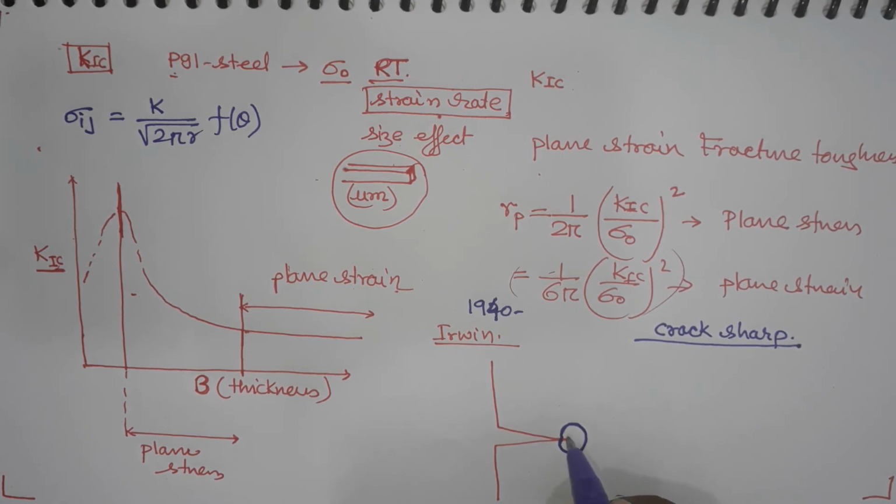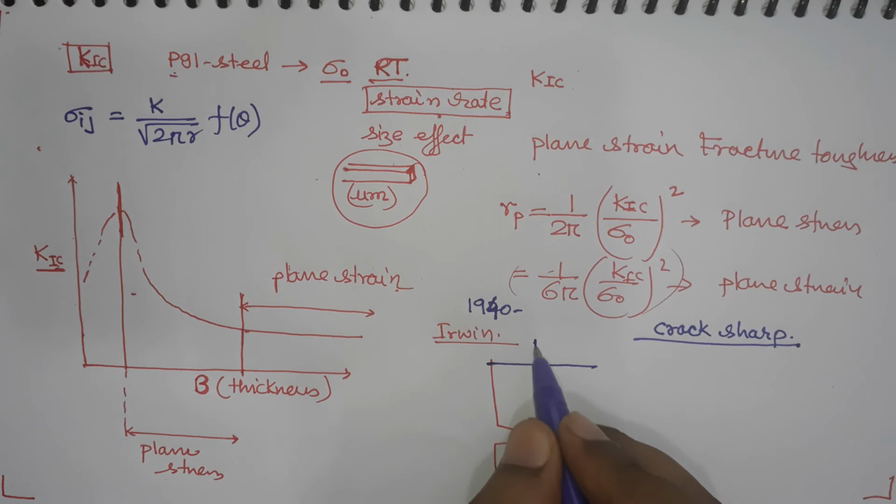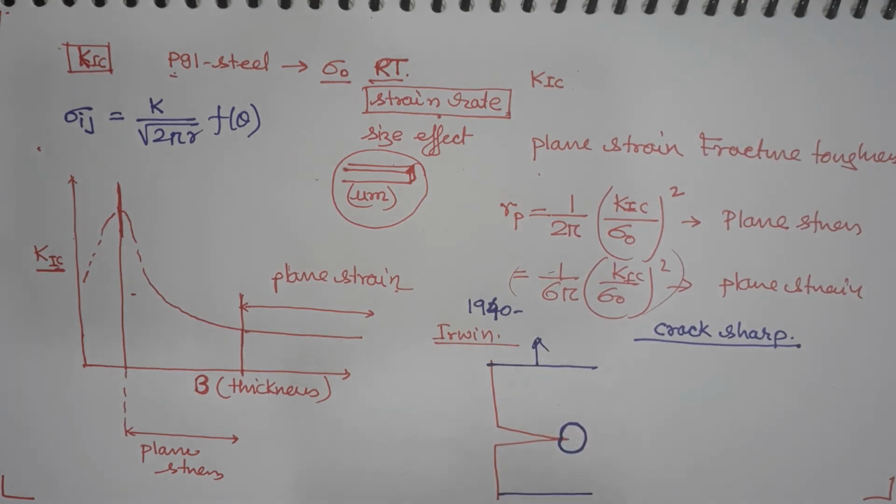But before that, if there is some amount of plastic deformation in the material, then what can we do about it? So, when the material deforms plastically, you are applying some stress here and you are trying to open it.